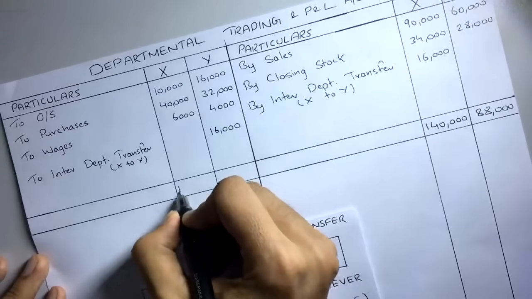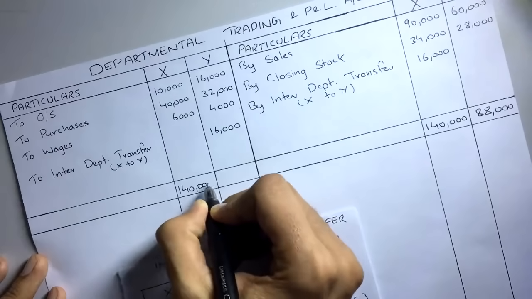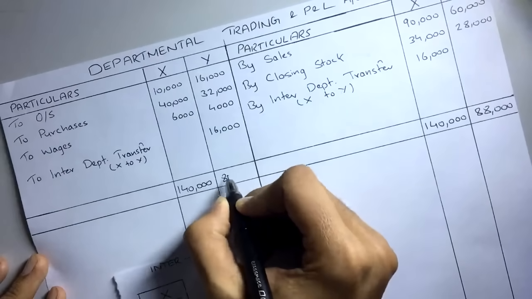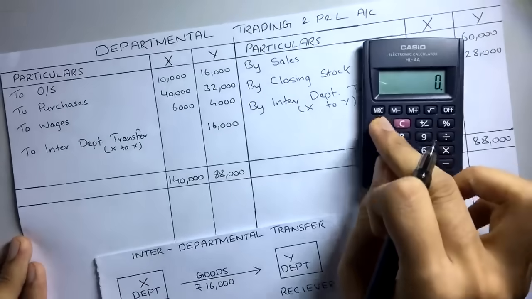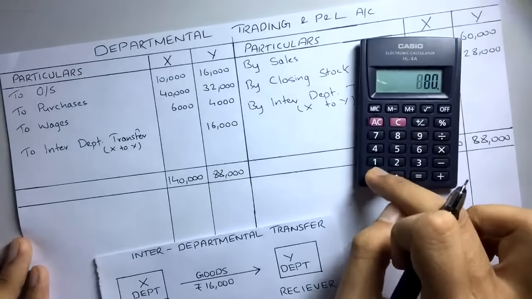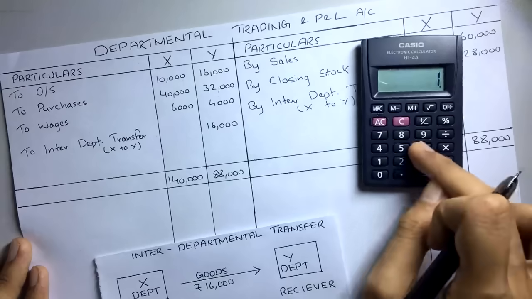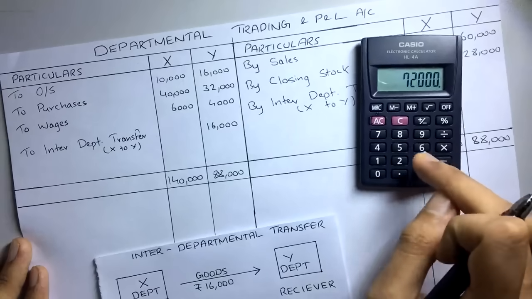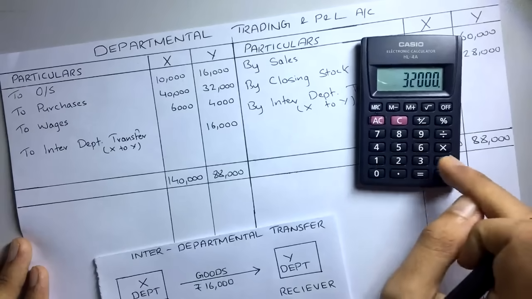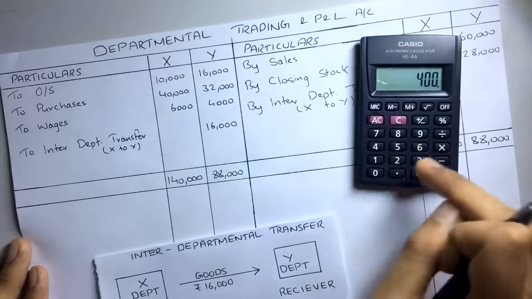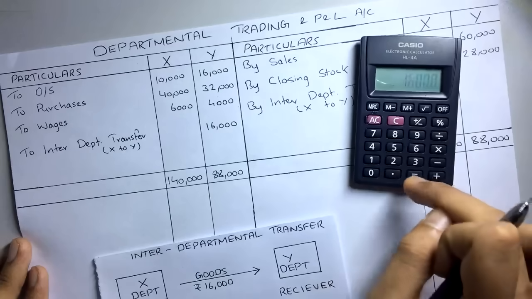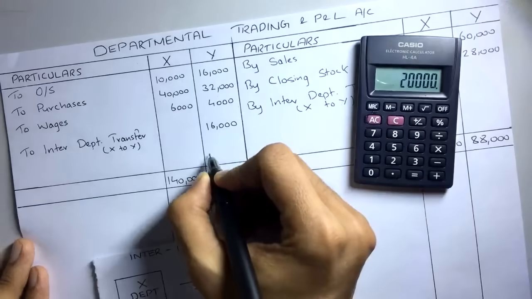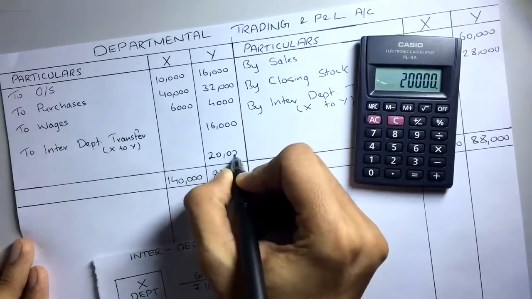So we'll write that on both the sides, 140,000, and 88,000. Now we will subtract it: 88,000 minus 16,000 minus 32,000 minus 4,000 minus 16,000 is equal to 20,000. So the gross profit here is 20,000.